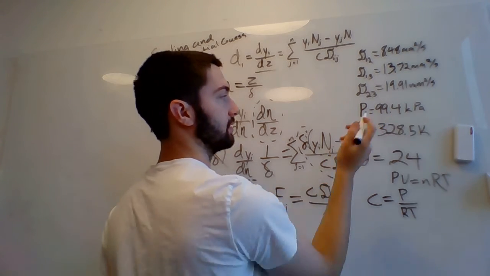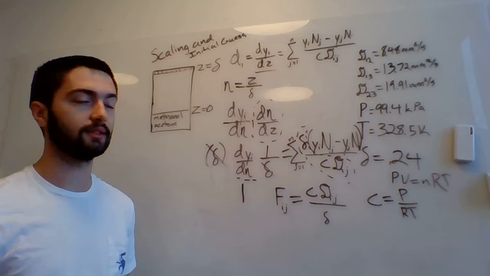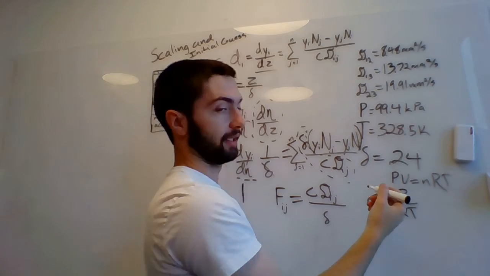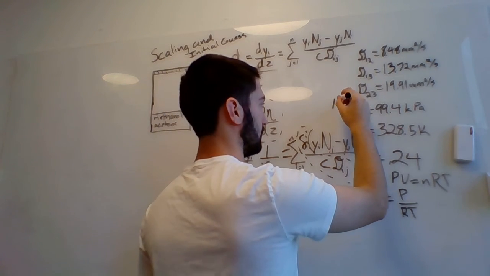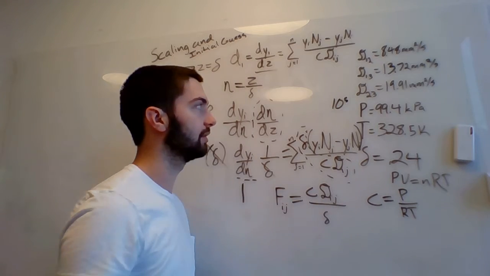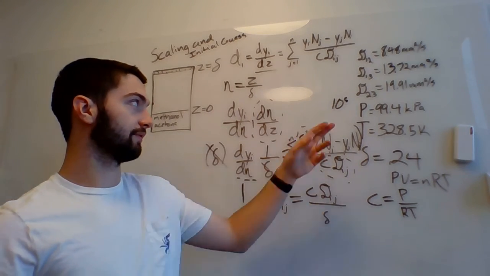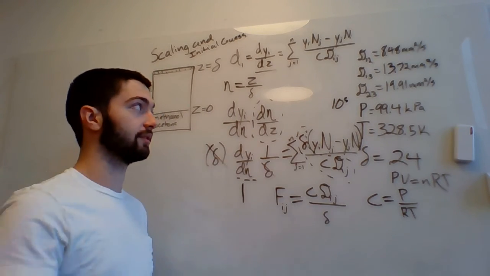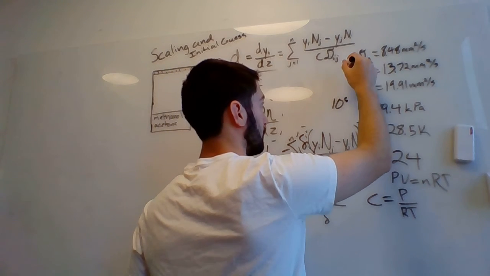Pressure is given in kilopascals, but if we take it to base units, pascals, it's going to be 10 to the 5th order of magnitude. Stefan-Maxwell diffusivities, if we take those to base units, are going to be 10 to the negative 5th.